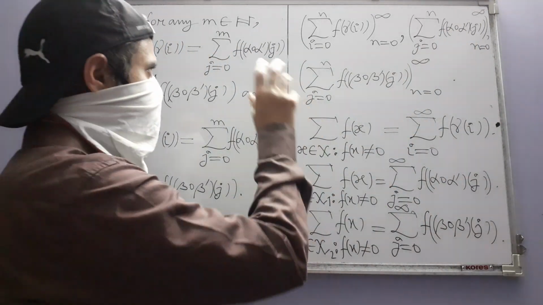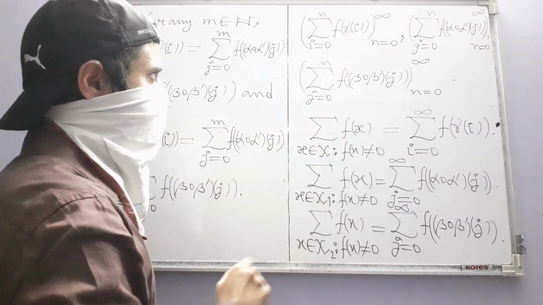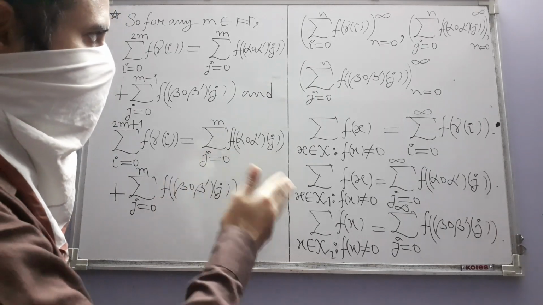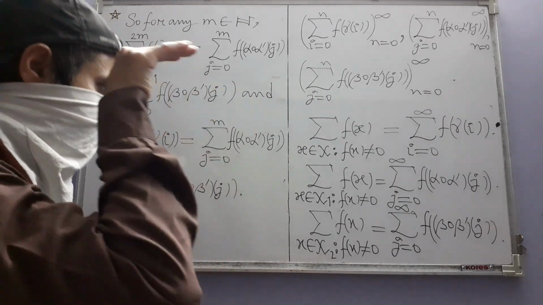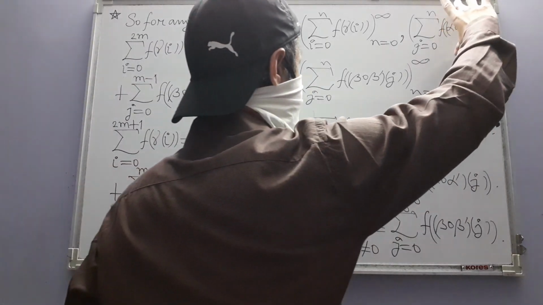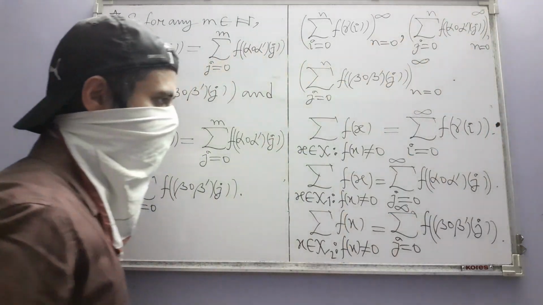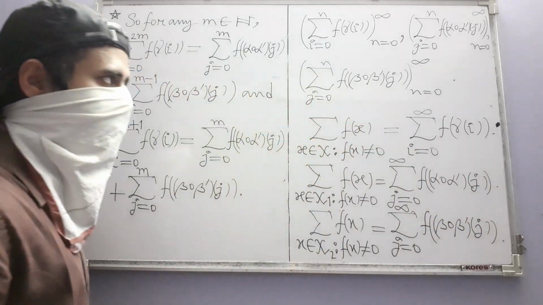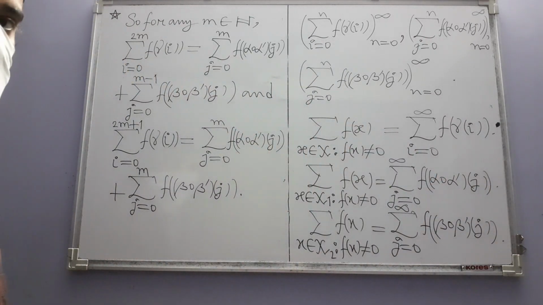So, both the subsequences of this sequence, one where the n's are even and the one where the n's are odd, they converge to the same limit, and that is just the limit of this plus the limit of this. In other words, this series value plus this series value. So now we are going to write that.